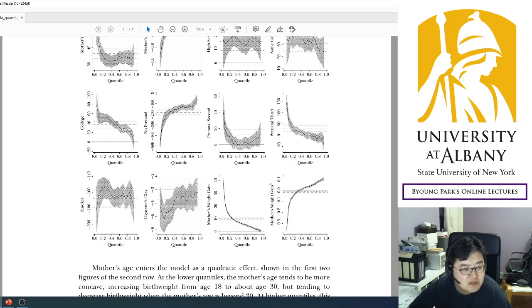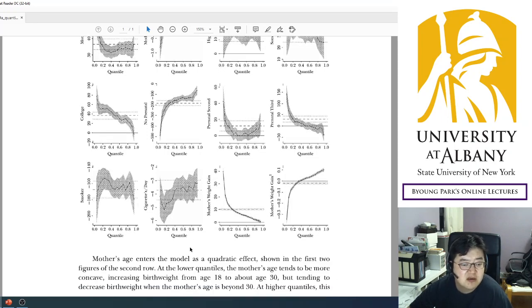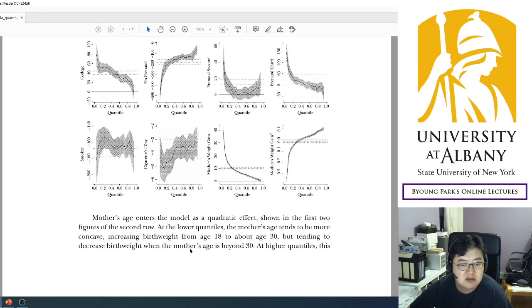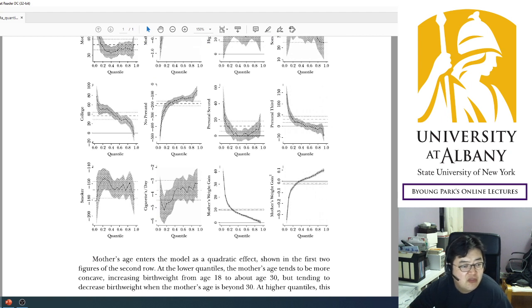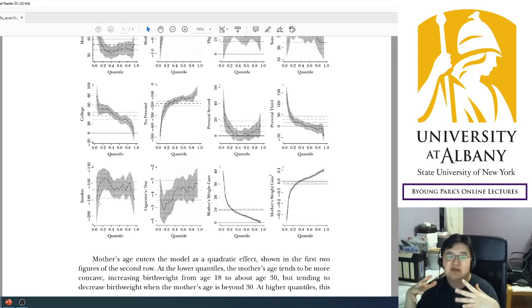So at the 5th percentile, for example, the coefficient goes below minus 180. That means 5th percentile babies are small babies. They are smaller than others, right?